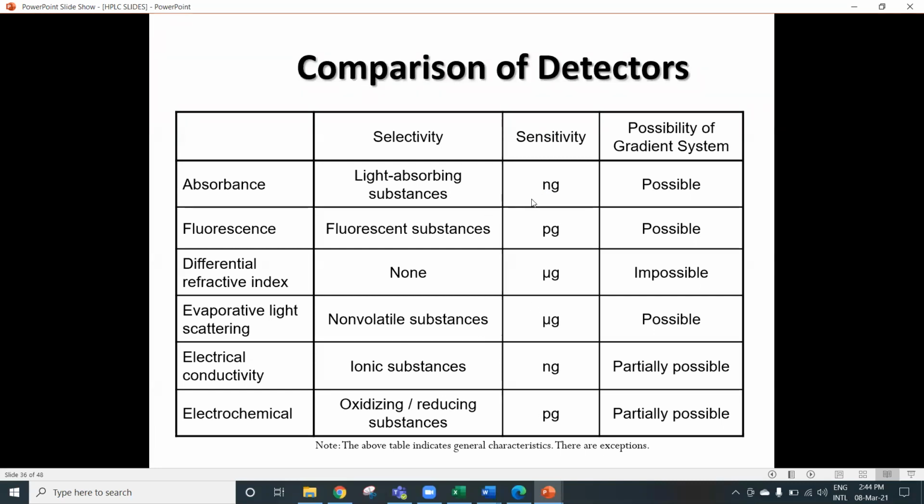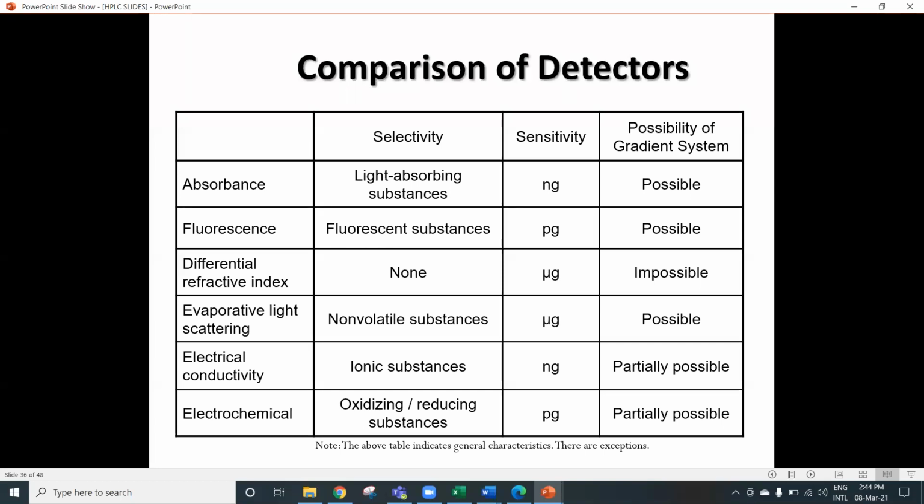You can see here that for absorbance, whether it is HPLC UV absorbance or visible, the sensitivity is up to nanograms, and it is possible for gradient systems. Usually, the fluorescence detector will only be useful for compounds that can fluoresce.